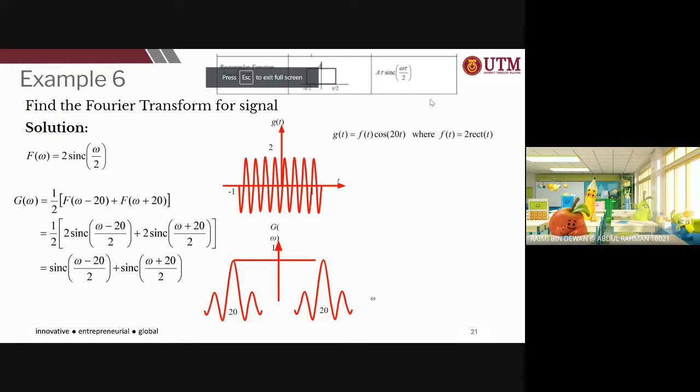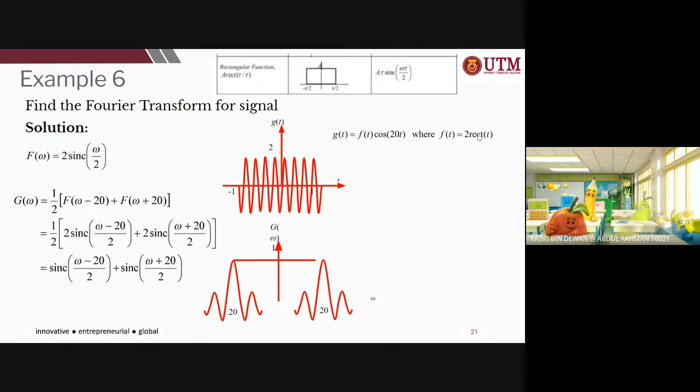Okay, so why? Because the function f(t) here is rectangular, which means it only covers certain ranges. That's why it is cut off from -1 to 1. You need to see the rectangular function: here you see tau over 2.